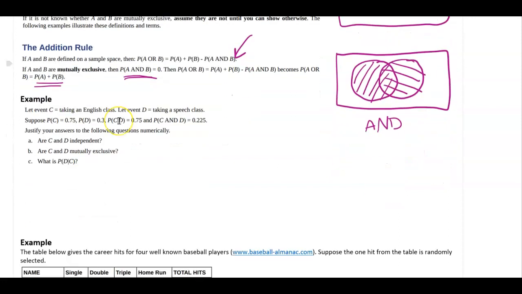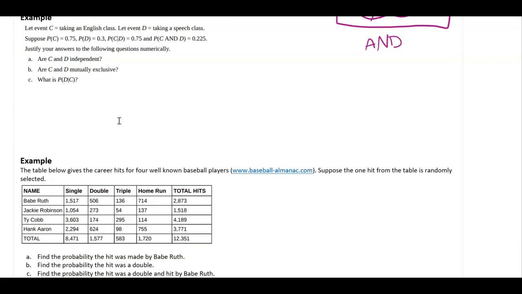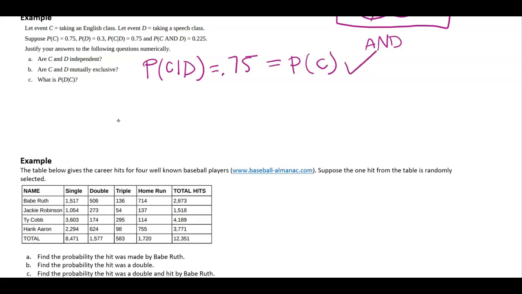Let's look at an example to make sure that we don't confuse mutually exclusive with independent. If C and D are independent, then that means the probability of C given D has happened, which in this case is 75%, should be equal to just the probability that C happens. And notice that that is true.